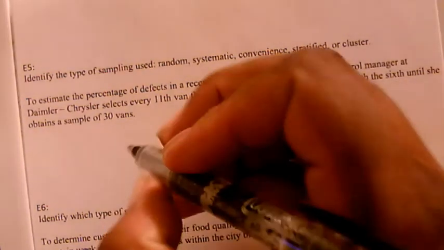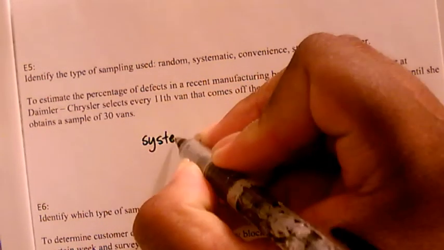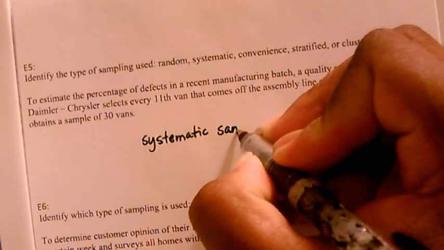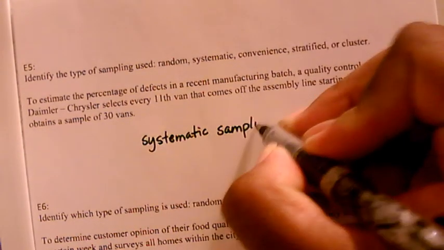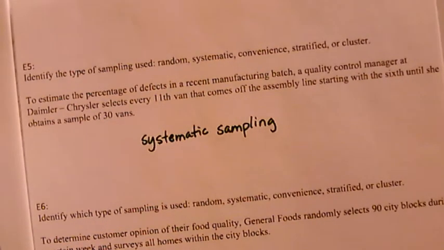That's called systematic sampling, because she's starting off with the 6th van and then choosing every 11th van.